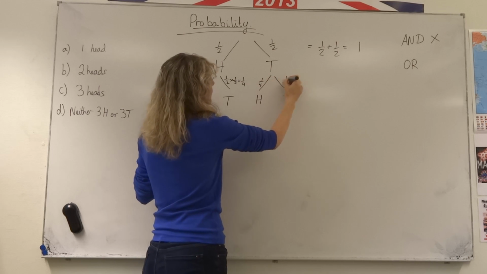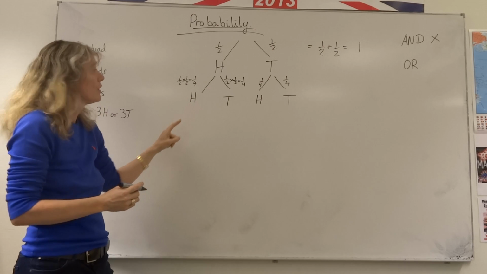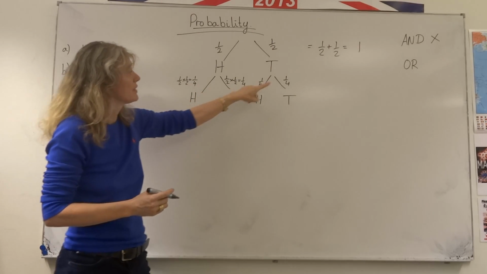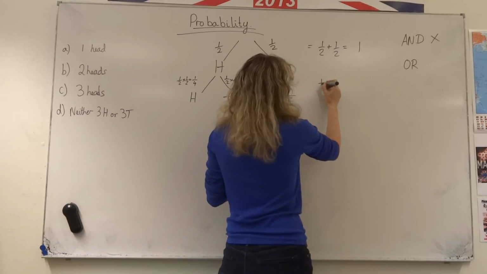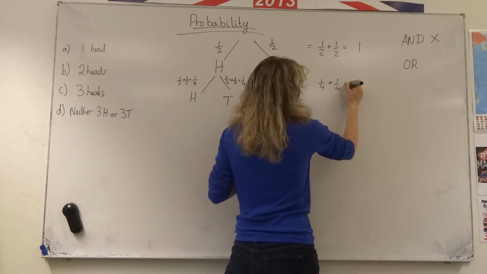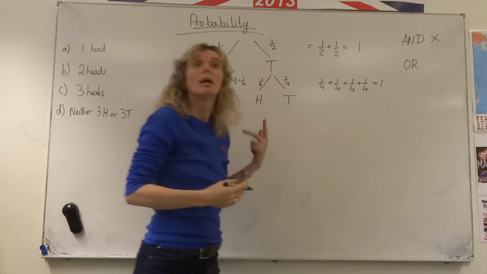Do you see? There's first a chance of a half, and then there's a chance of another half. So each of these ends up being 1/4. If I've done it right, 1/4 plus 1/4 plus 1/4 plus 1/4 will add up to be 1. It does.